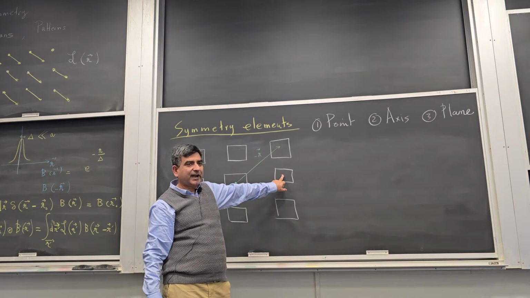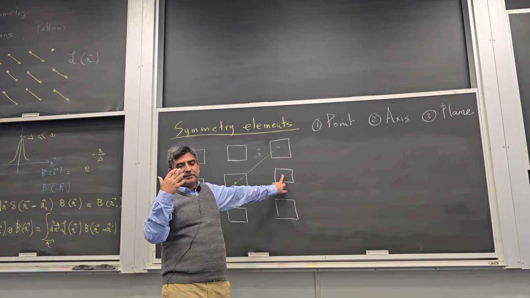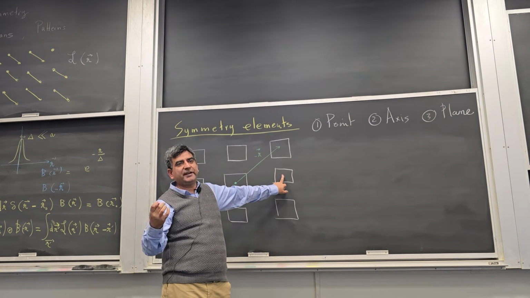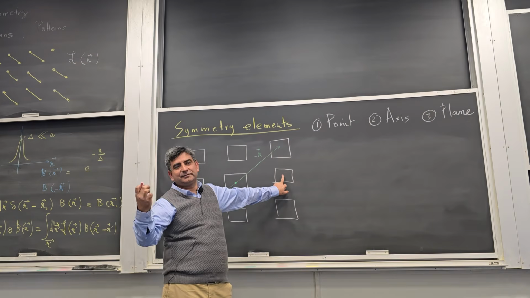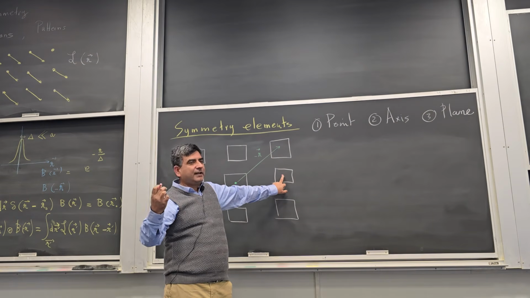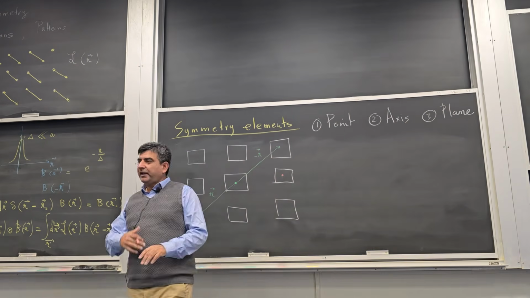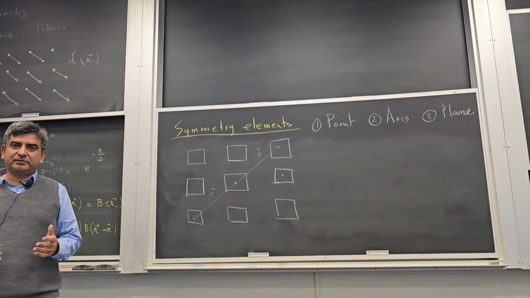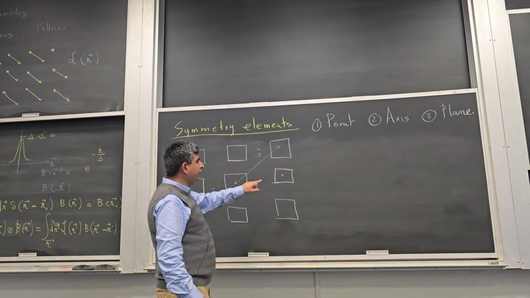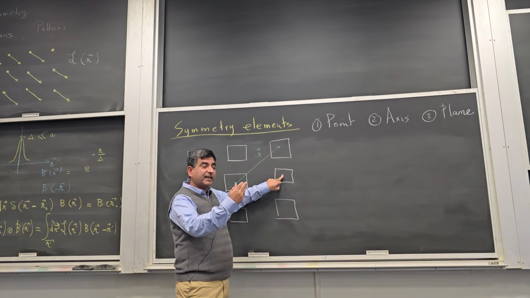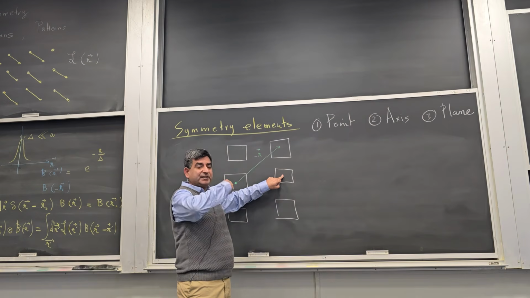So I now have defined a one-fold axis of rotation, which is just a trivial rotation, but it's identified by an axis. I could also do a 180-degree rotation about this point, and still everything remains preserved. So I can also have a two-fold axis of rotation here. So I've defined an axis, a symmetry element which in this case is an axis.